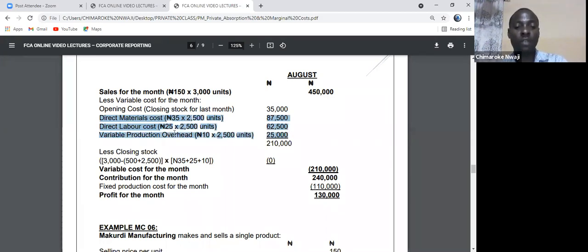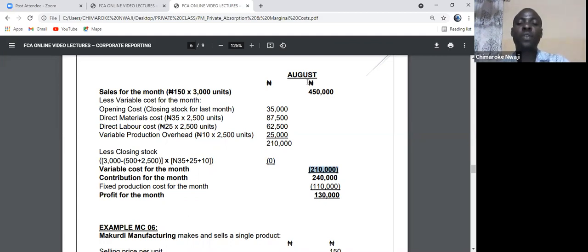It is the addition of these that gives you 70 naira, which corresponds to what we have here. So it is 70 naira, like we said, used in valuation. So 70 naira multiplied by 0 will still give me 0. So your variable cost for the month is 210 minus 0, which is 210,000.